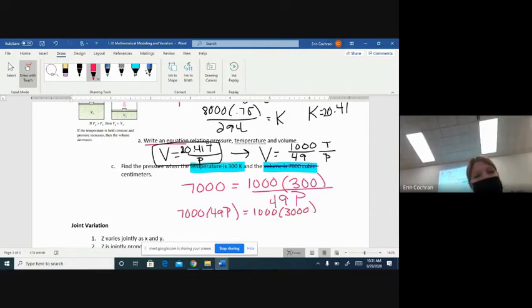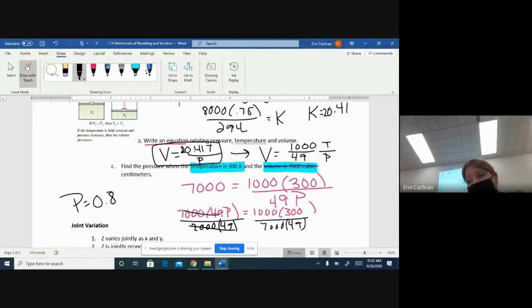That's 300. Then I would divide by whatever 7,000 times 49 was. So those cancel. So our pressure would equal roughly 0.87 kilograms per centimeter.